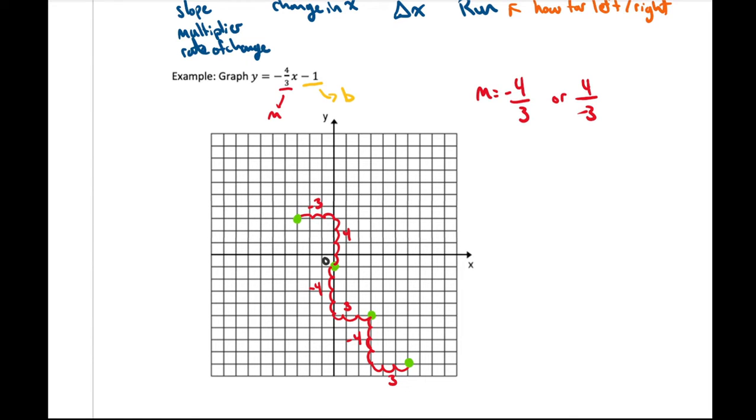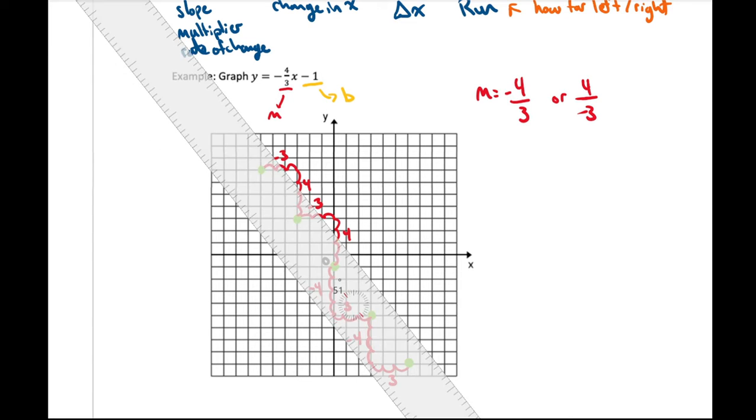So we're just reversing our pattern, or heading in the opposite direction. Either way you look at it, you still get these points: positive 4 up and negative 3 to the left, and there's a new point.